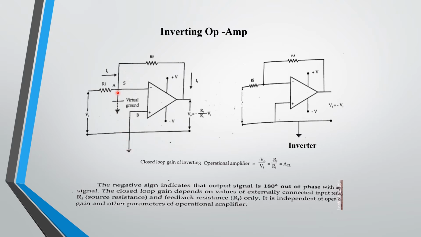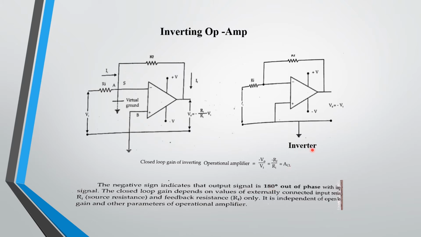So here this point is known as the virtual ground point. The virtual ground concept we can discuss later on. Here the output voltage is equal to input voltage multiplied by Rf upon Ri, and the minus sign is the indication that it is 180 degrees out of phase.